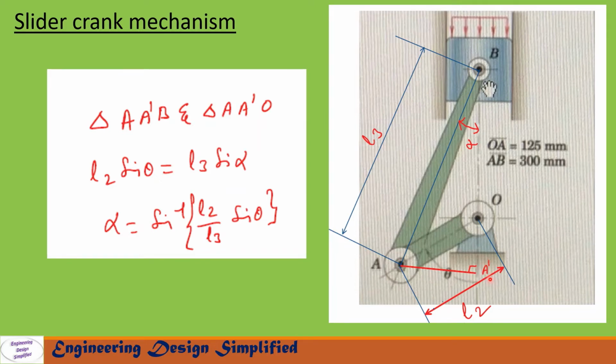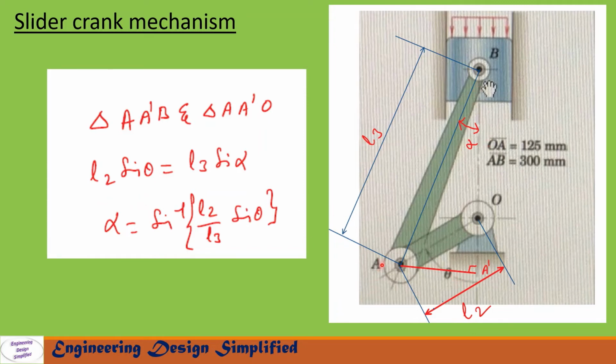Now we have two triangles, A prime B and A prime O. From the first triangle A prime O, this distance AA prime can be written as, since this length is L2 and this angle is theta, L2 sine theta.